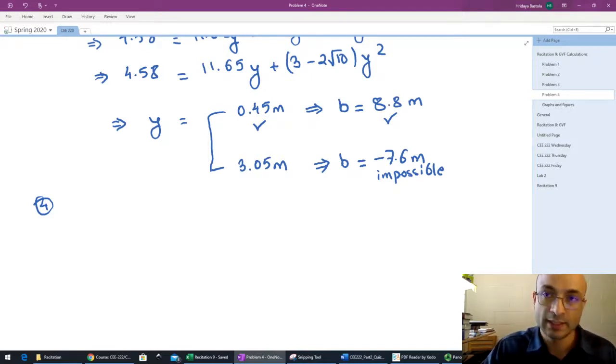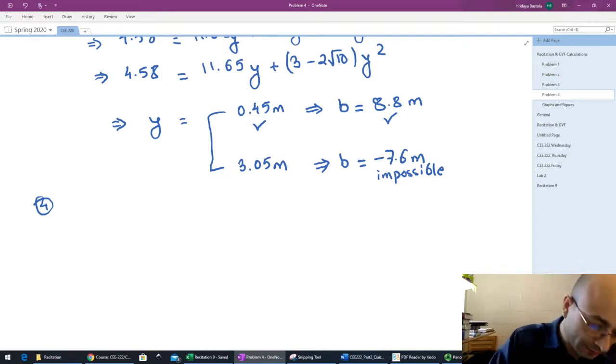If we designed it such that the flow is originally supercritical and the bank heights are enough, but after hydraulic jump occurs, the water depth is going to be higher and it might flow over the banks.